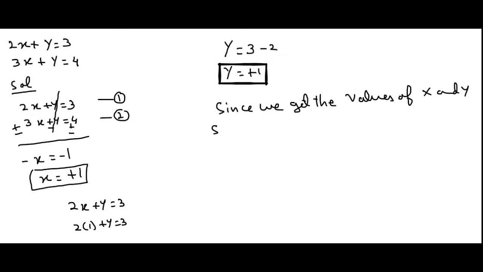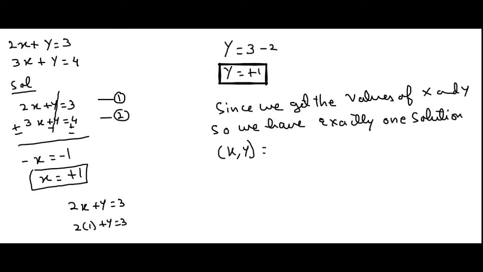So we have exactly one solution: (x, y) is equal to (1, 1). This is our answer. Now we can also verify this by putting these values in equations 1 and 2 one by one and seeing what the answer is.